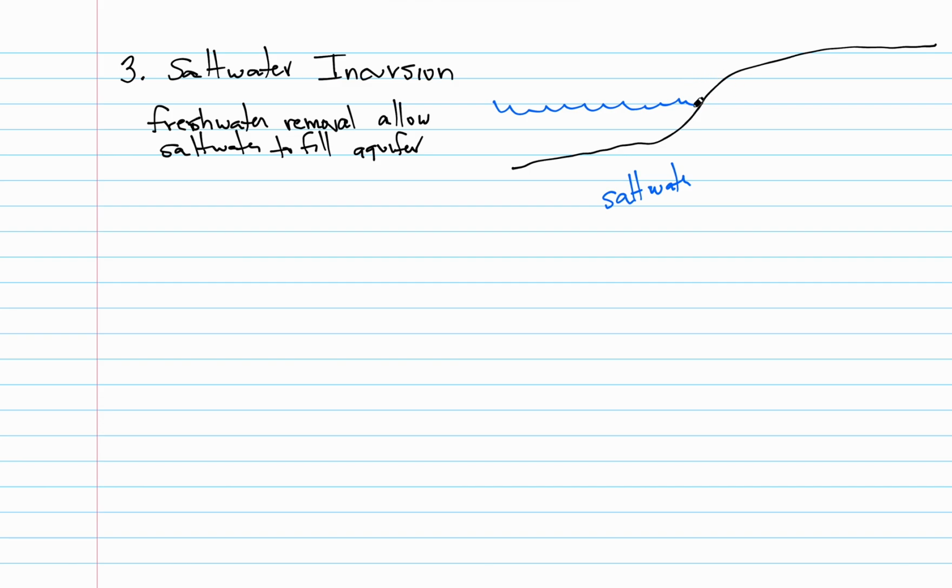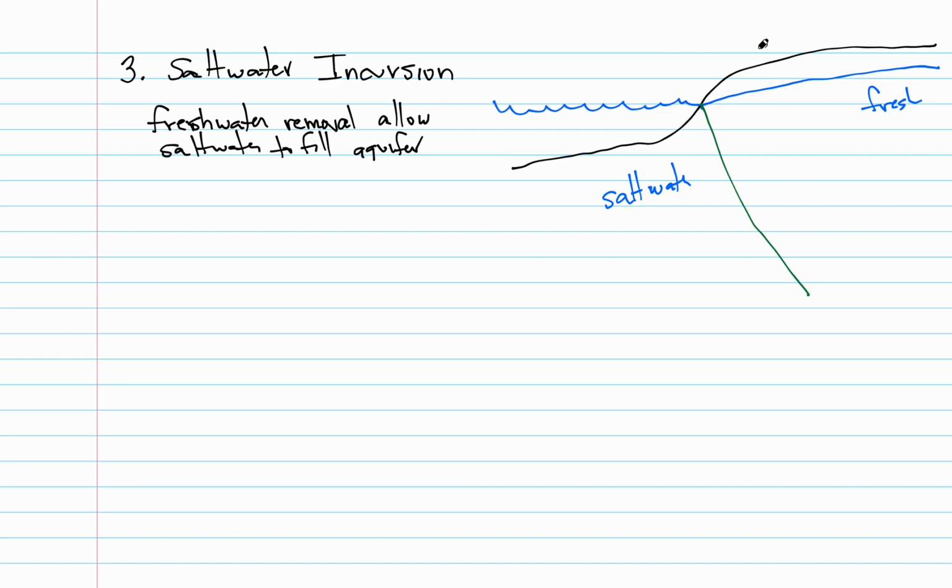And initially, let's see, how do we say this? There is a contact between salt and fresh water. Over here it's fresh, and maybe I can draw it in like this. So here would be the contact between salt and fresh water in green. All right, that's the actual water table itself.